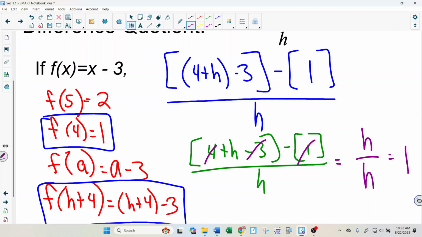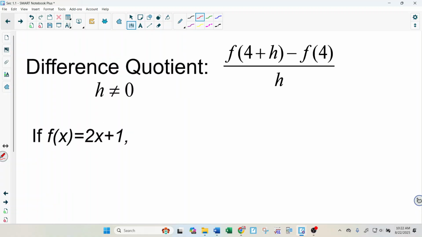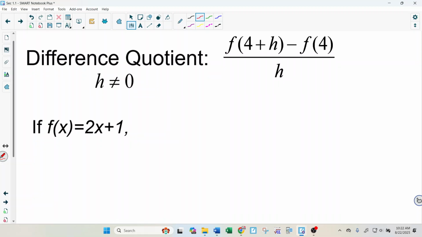Let's do an example. So here's the example in your notes. So in our notes, we have f of x is 2x plus 1, and we're going to use the exact same difference quotient here, f of 4 plus h minus f of 4.